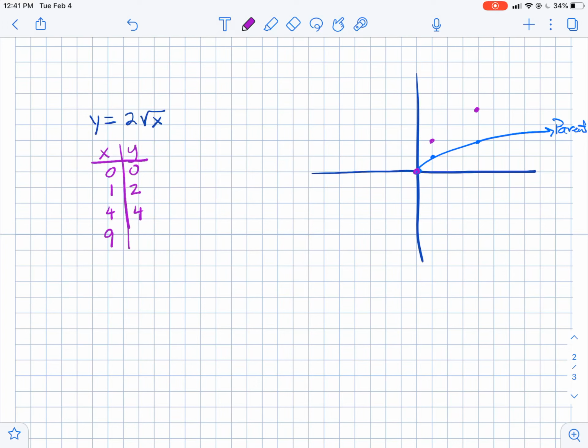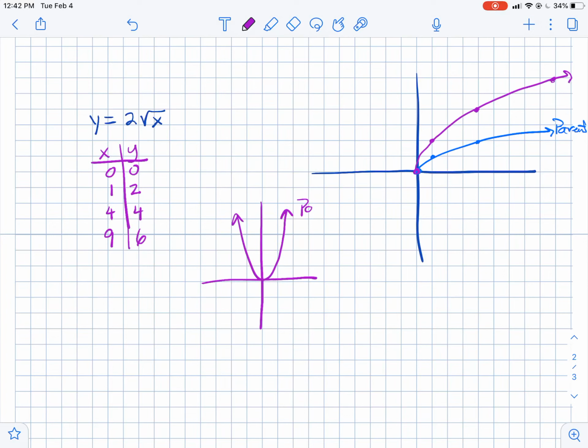Okay. And the square root of 9 would be 3. 3 times 2 is 6, so I am at 9, 6. Okay, so if you look at it, a little bit different in the fact that when we had just our general x squared, and I'm just going to do a quick graph in here.